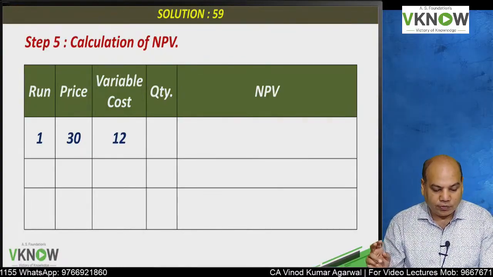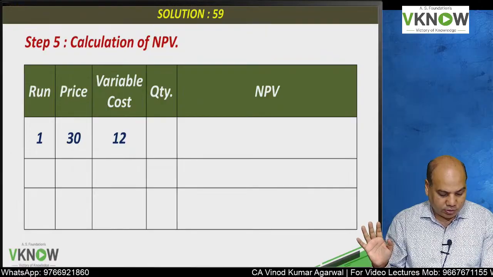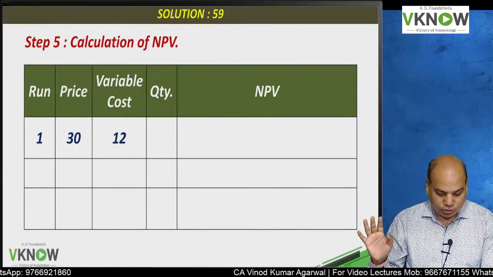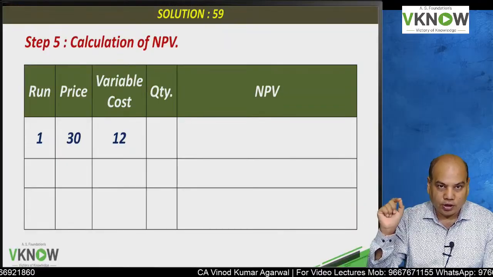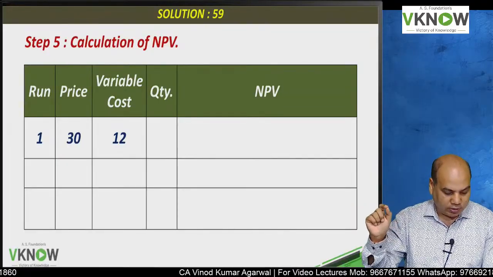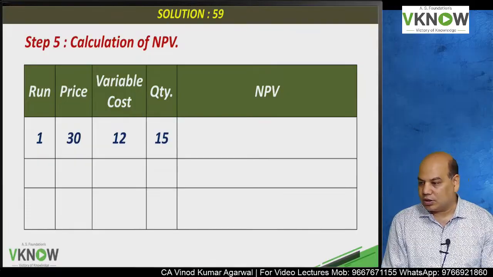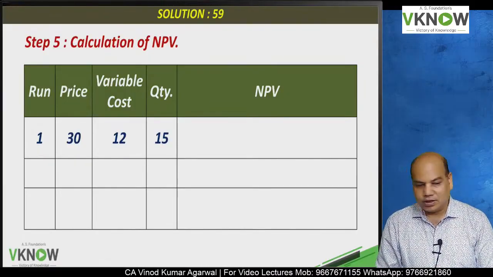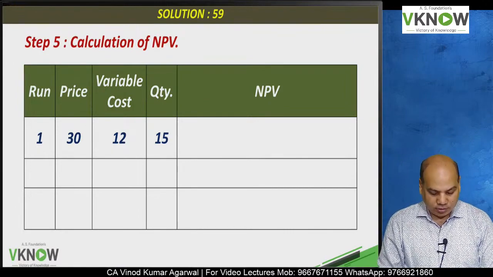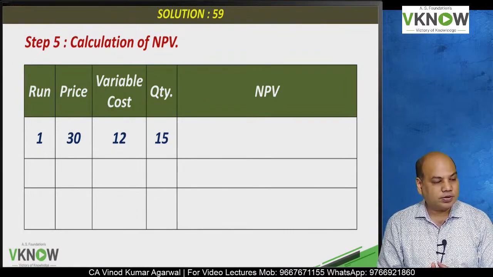Quantity, random number for quantity 65. 65 will fall into class interval 50 to 99, and for class interval 50 to 99 your quantity is 15. Please check, then write.